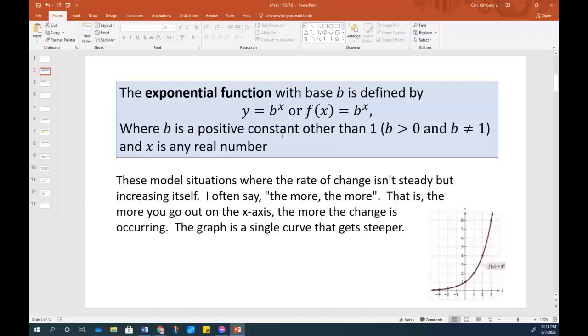The reason it can't be 1 is because then we would just have a straight line. 1 raised to the 1 is 1, 1 raised to the second is 1, 1 raised to the third is 1. The value would never change. So it's a positive number, and it does not equal 1. And then x is any real number. This is the formal definition of an exponential function, but that exponent is where you're going to find your variable.